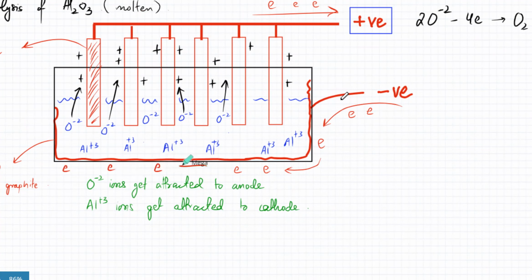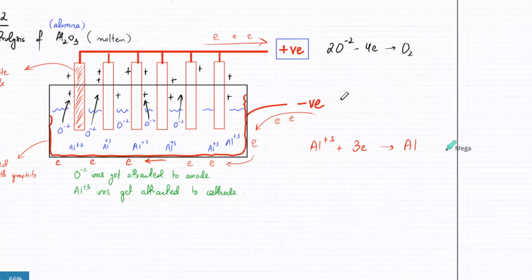Now, when Al+3 goes over there, the Al+3 would have to gain electrons and it would form aluminium. So the container is where aluminium metal is going to be produced.